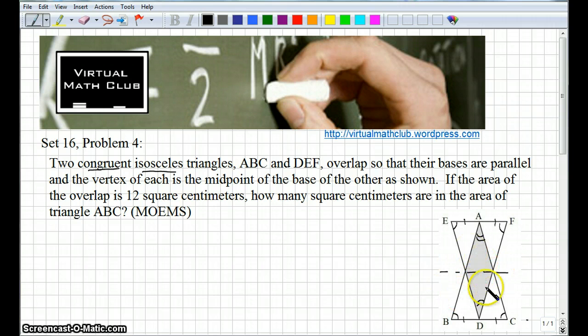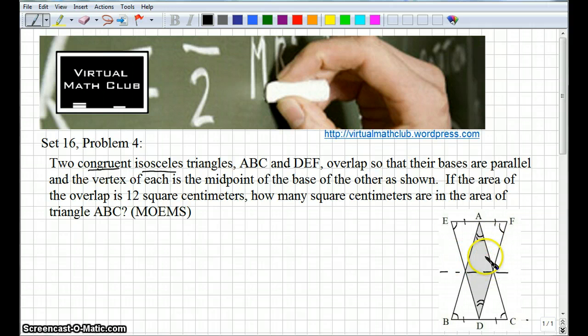You could probably guess that all of these triangles, these white triangles at the edges and the 2 shaded triangles that are part of this parallelogram in the middle, look like they would be congruent, and you would be right.